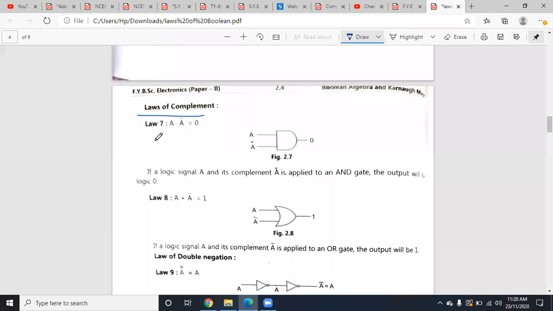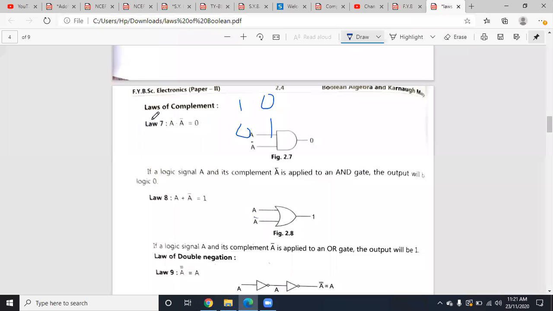Here, in the case of digital, what is inverse? It is the opposite term. Correct. If we have 1, the inverse will be 0. If we have 0, the inverse will be 1. This is how it is. And it is also called the complement, or it can be represented as a bar, right?